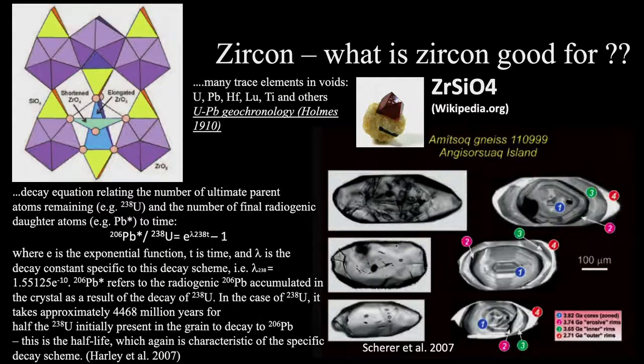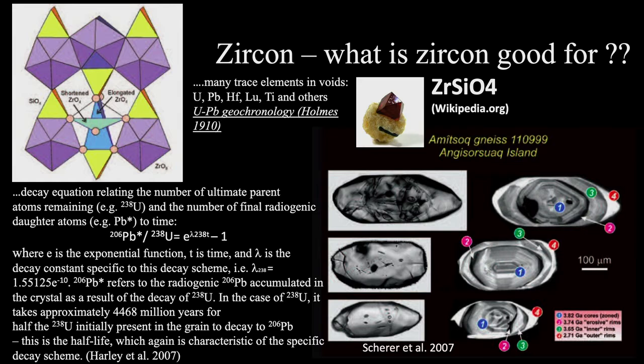And together with dating, we may tell when the extraction took place. And we may also answer the question, where was the magma from? So crustal origin or mantle origin.